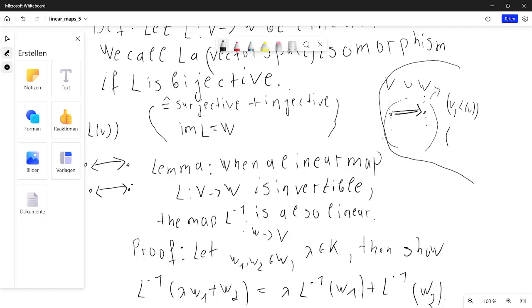Since all elements are separated in exactly such pairs, if this element is the image of that element under the map L, then the inverse map goes back and gives exactly the element of which this element was the image.